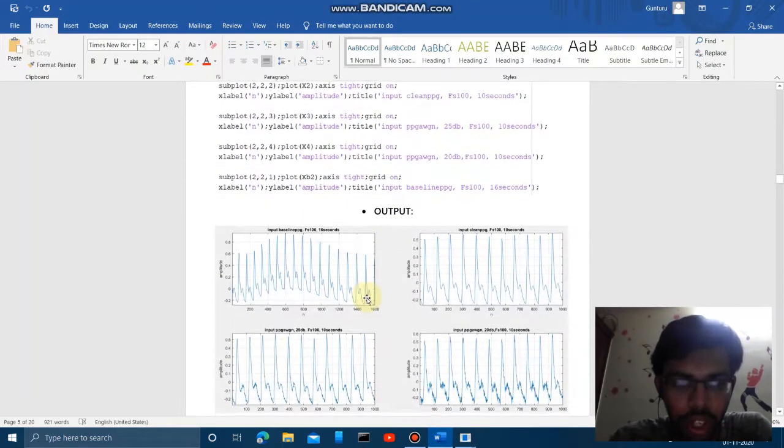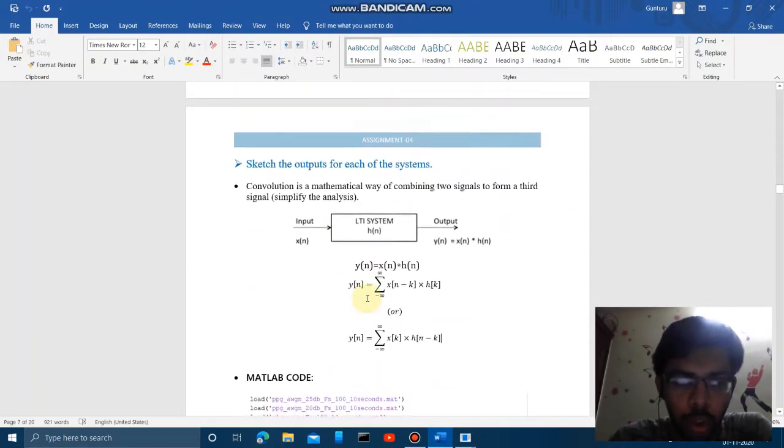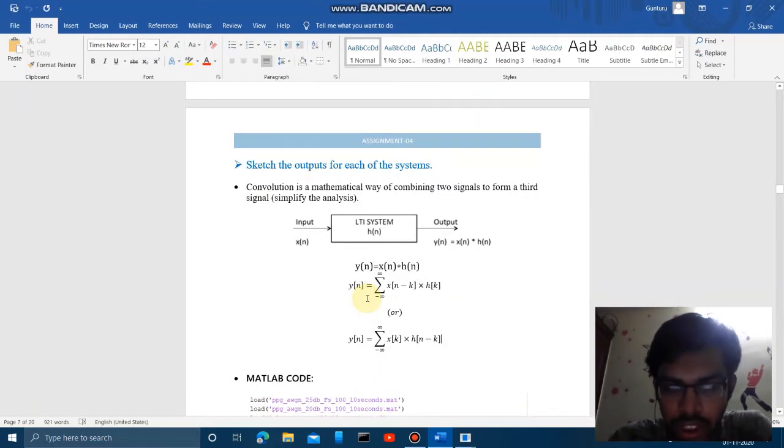For the next question, we have to plot the outputs, where the input signals are taken as the PPG, which was discussed before. So now the question is, what is the convolution? Convolution is the mathematical way of combining two signals to form a third signal, which simplifies the analysis. Here we can see the input as x of n, which passes to the LTI system whose impulse response is h of n.